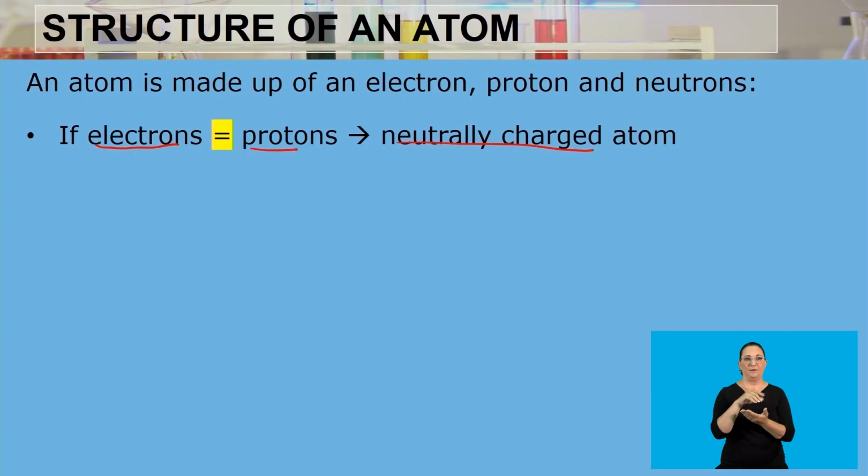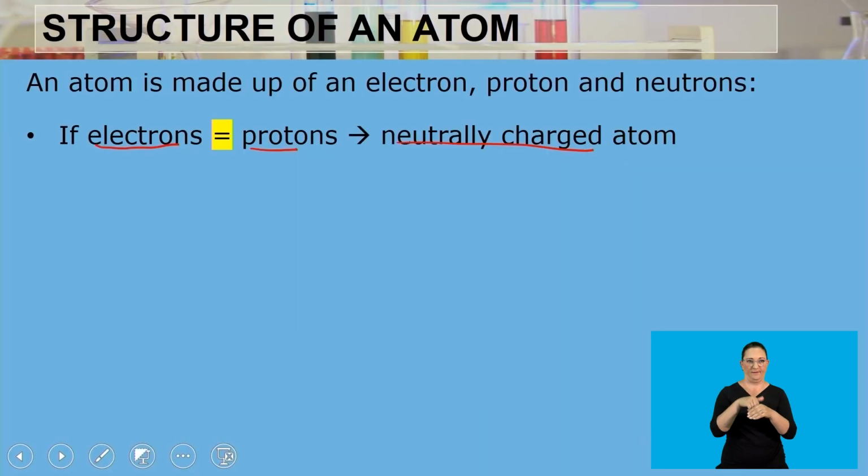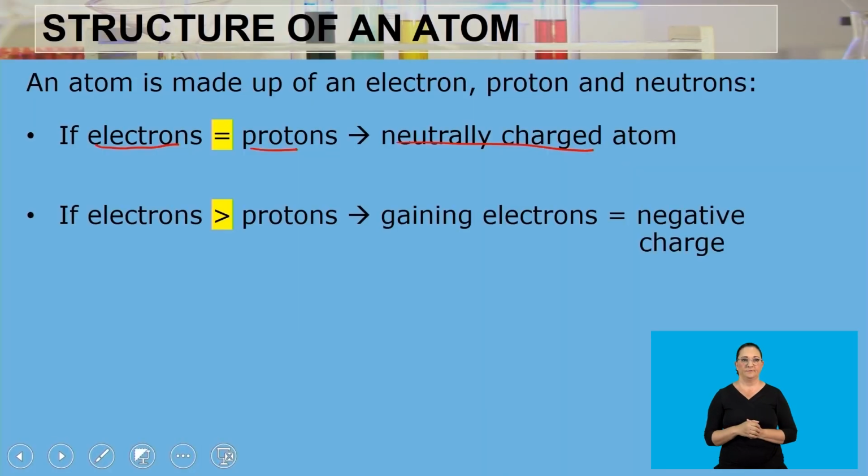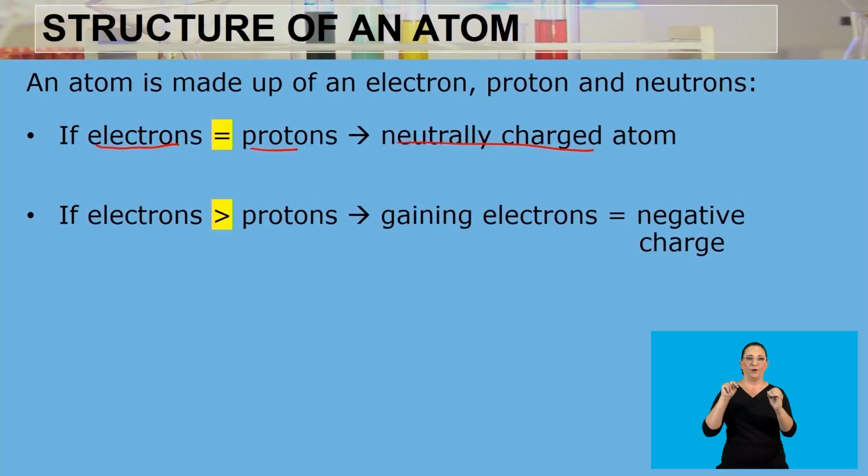That means it's neither negative or positive. It has an equal amount of protons and electrons. Why? Because the electrons are negative and the protons are positive. So if the positives and the negatives are equal, then the overall charge of that particular atom is going to be 0. Hence, we're saying it's going to be a neutrally charged atom.